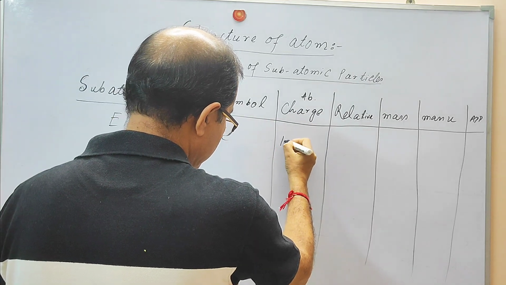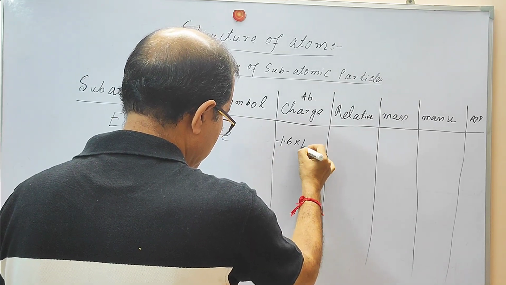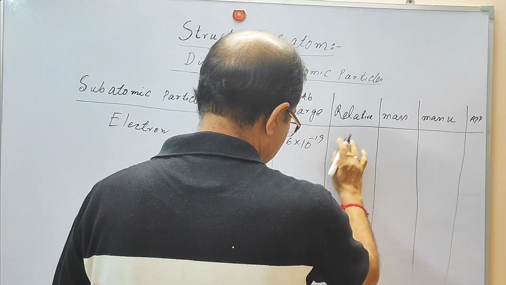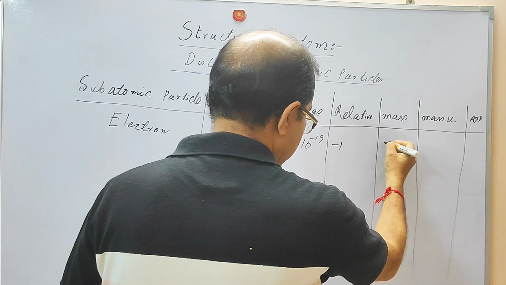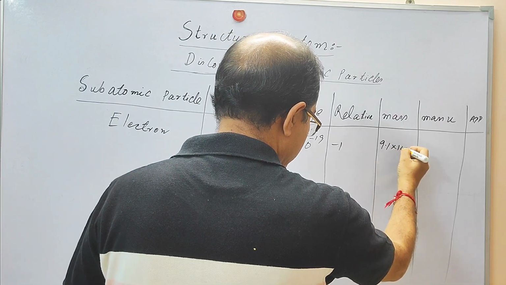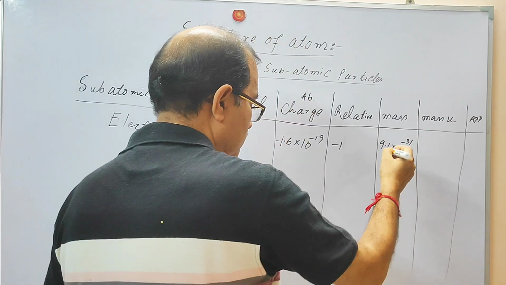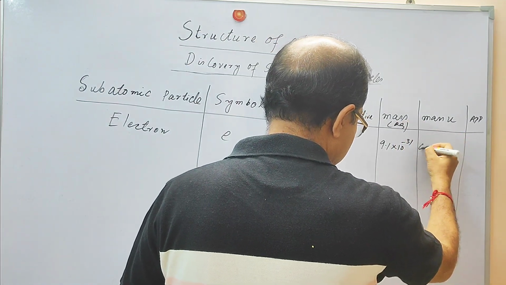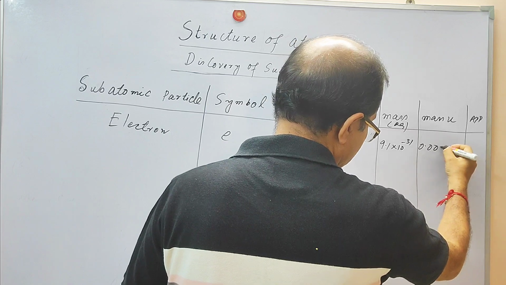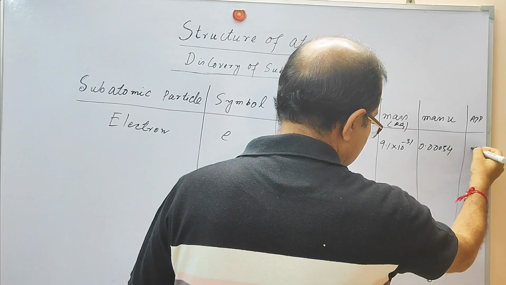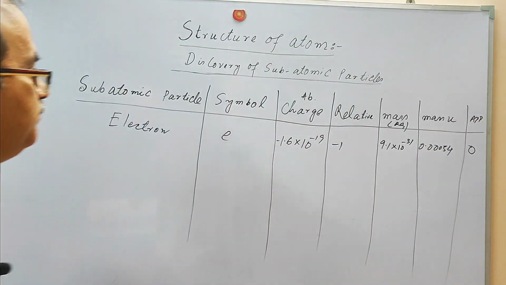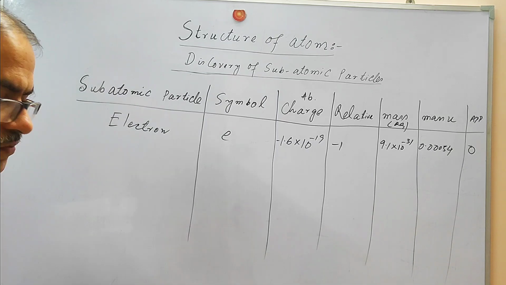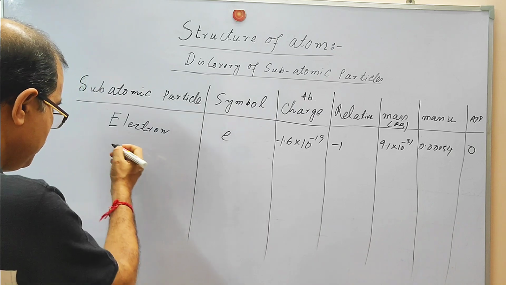Its absolute charge is minus 1.6 into 10 to the power minus 19, its relative charge is minus 1, and its mass is 9.1 into 10 to the power minus 31 kilogram. The mass is given here in kilograms, and the unified mass is 0.00054, and its approximate weight is 0. So the electron's weight we can consider as negligible, 0.